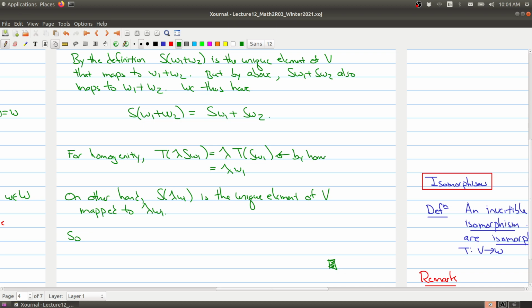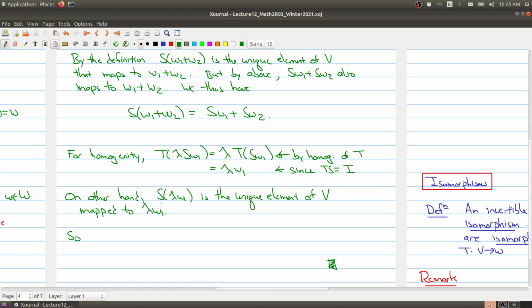By the homogeneity of T, we can factor out the lambda. And then T evaluated at S(w1) is just w1 since T∘S behaves like the identity. So it's the same argument that we have had above.